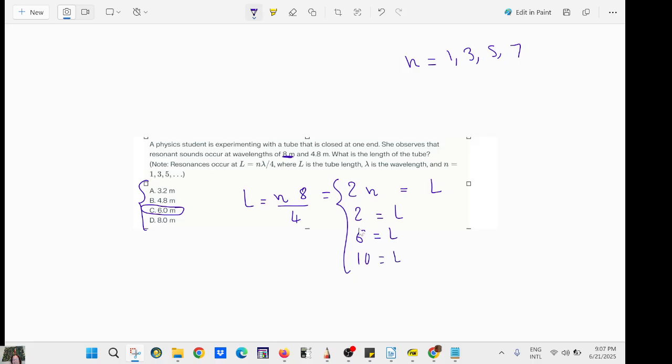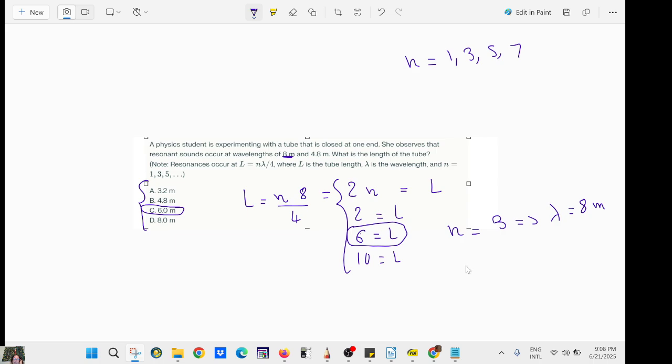So the only answer is C. Okay, so N equals 3. That means lambda equals 8 meters, right?